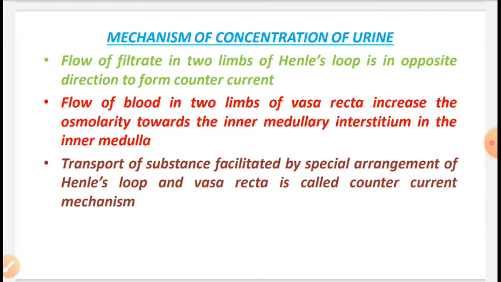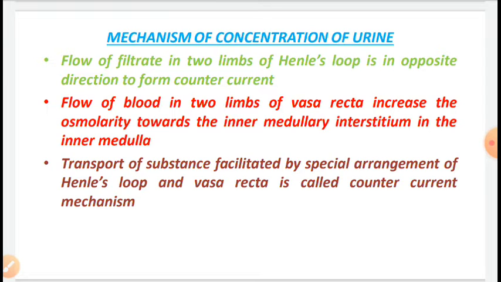Similarly, a small amount of urea enters the thin segment of the ascending limb. This is important to remember. How does it take place? A small amount of urea enters the thin segment of the ascending limb of Henle's loop, which is transported back to the interstitium by the collecting tubule.